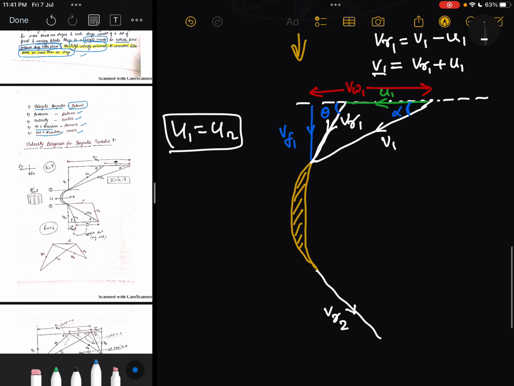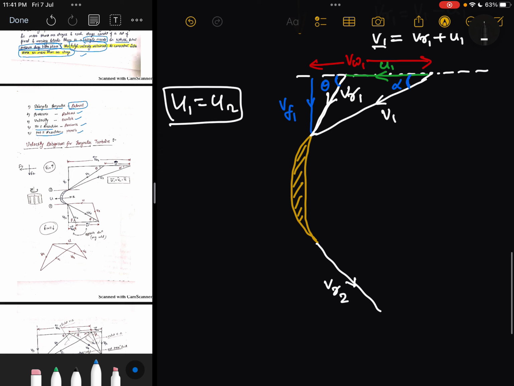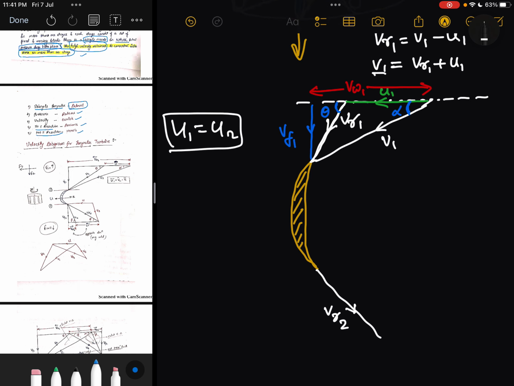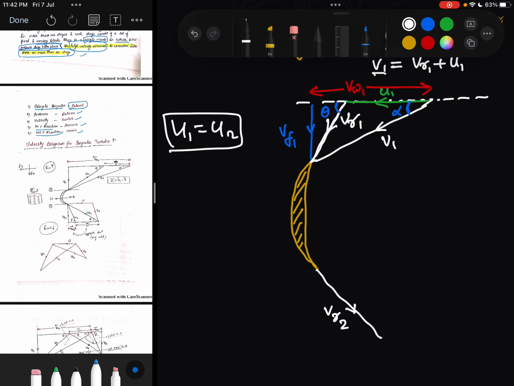So to find v2, you have to add u2 to vr2. Just a minute, I have to get some more space.